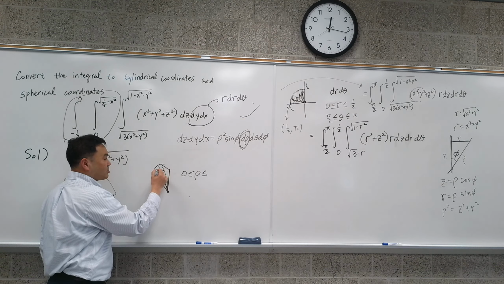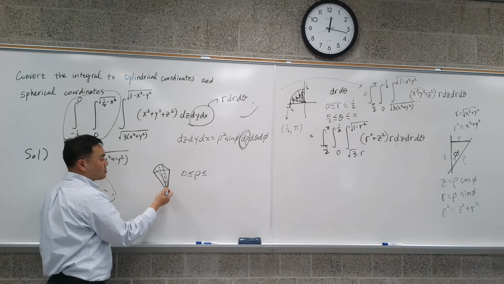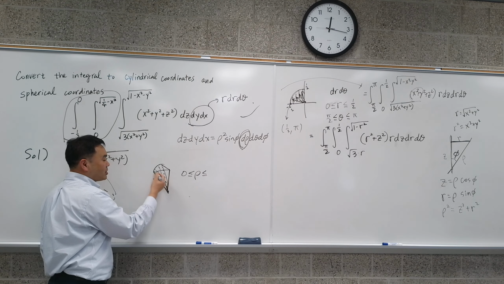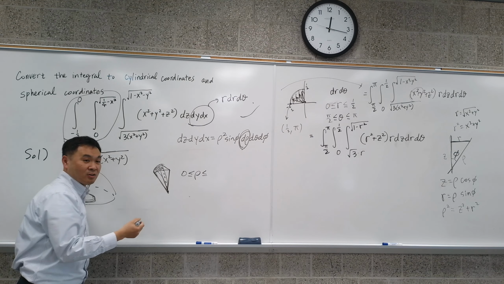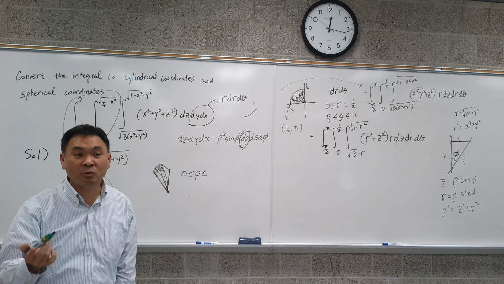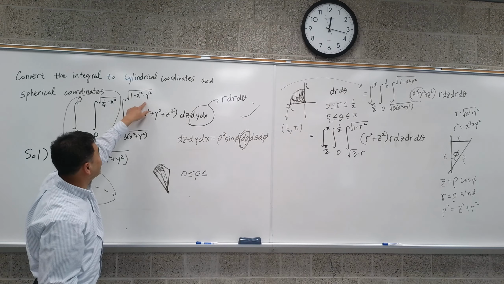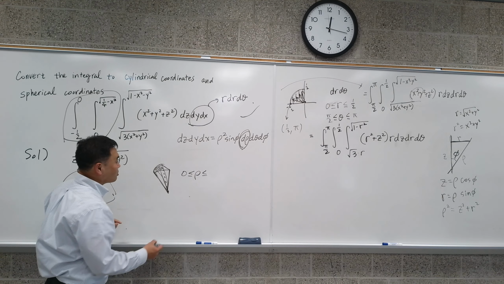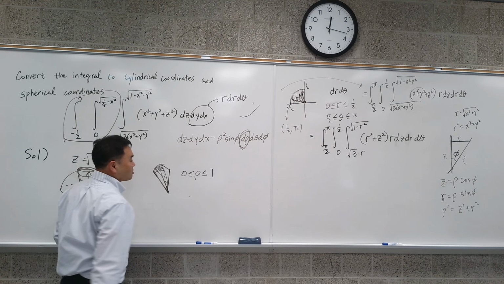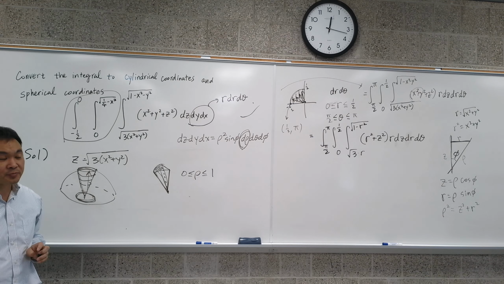And when it hits this, notice that it never hits the cone. It's like along the cone, but it hits the sphere, right? So when it hits the sphere, it'll be 1 because the sphere is radius 1. I erased the equation for the sphere, but this one you can see that it's a sphere of radius 1. So rho will be between 0 and 1. Okay. So that part is okay.